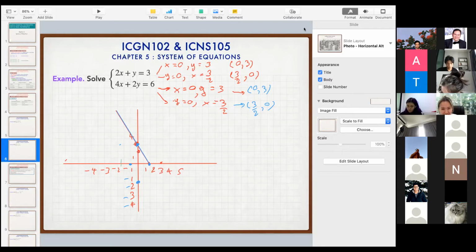Right, so this is the first technique that we use to find the solution for the system of equations. Up to this point, do you have any questions?